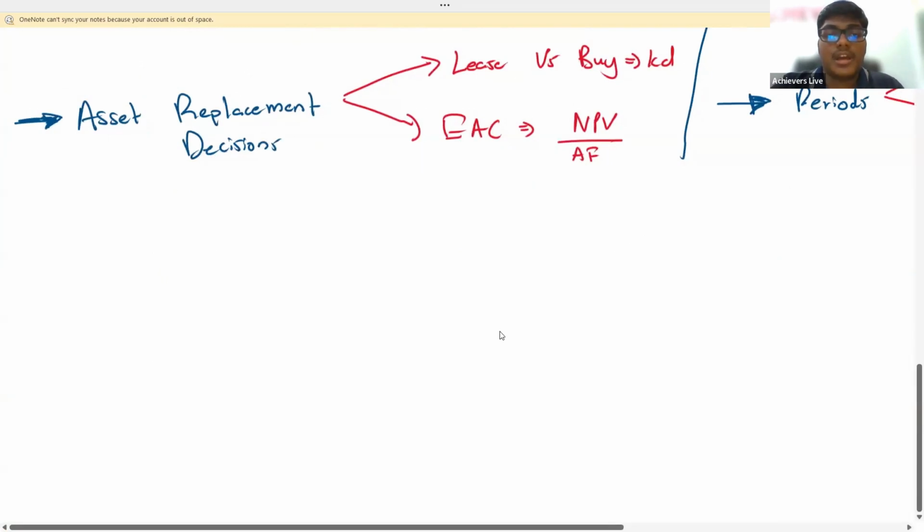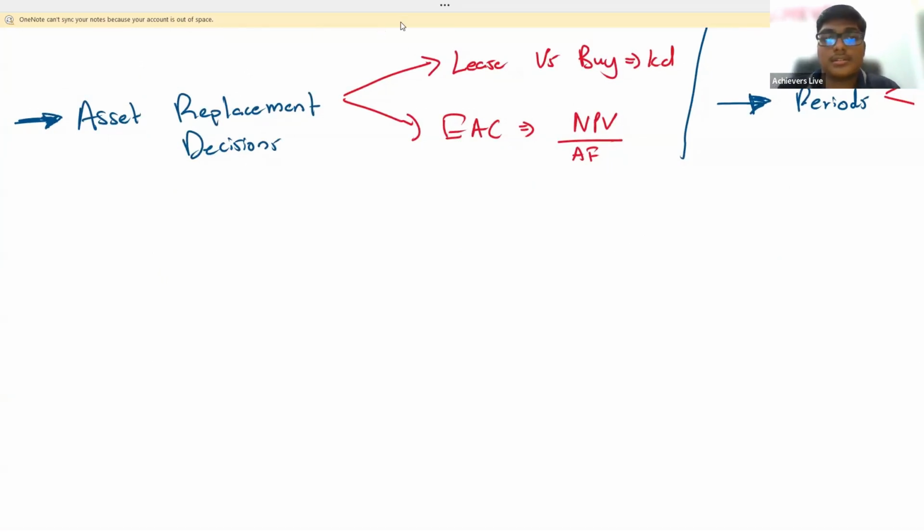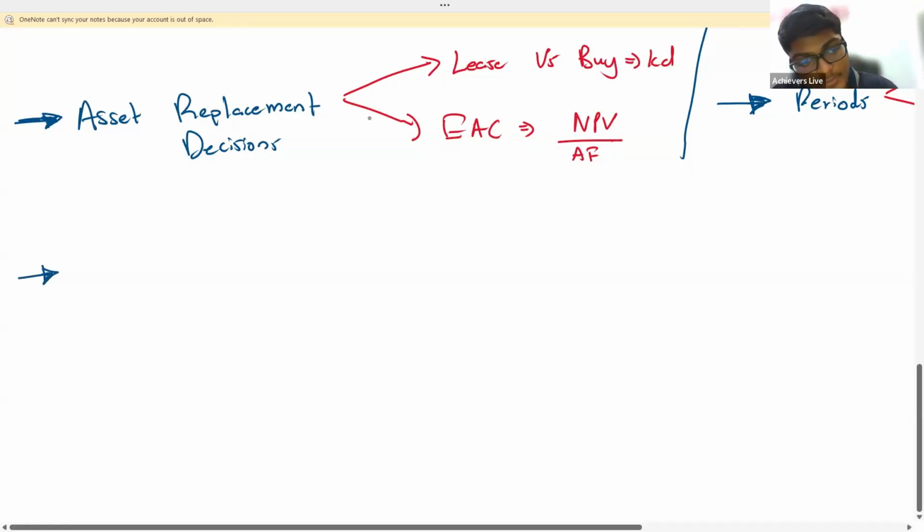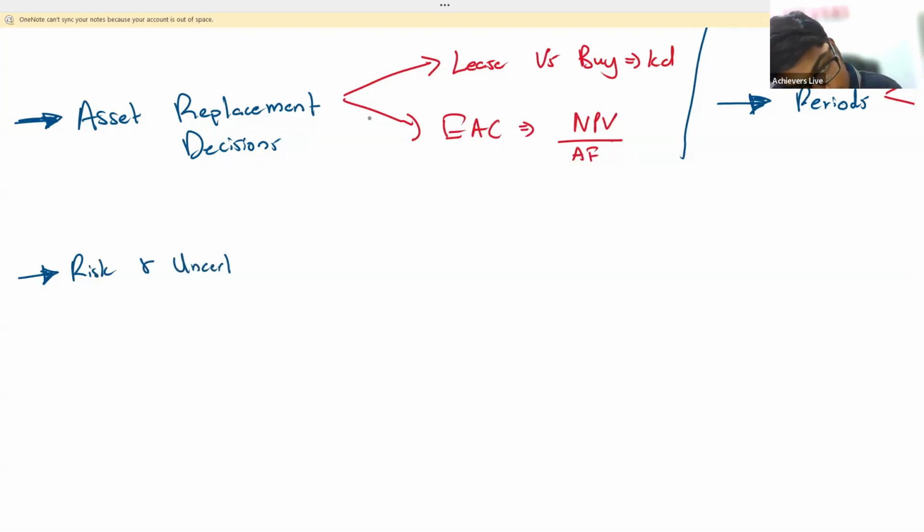Next, we are going to look at risk and uncertainty in investment appraisal. So when there is risk and uncertainty, what are we going to do? First method is what? Sensitivity analysis.